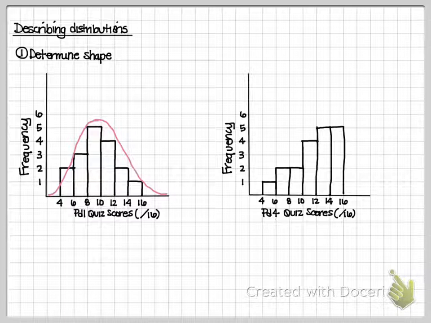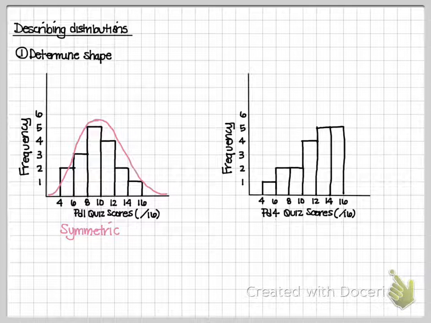That means that there should be a middle point where the left and the right-hand side would kind of match up, maybe not perfectly. So here for shape, I would say that this guy is symmetric, or roughly symmetric. Probably not perfectly symmetric, but pretty close.